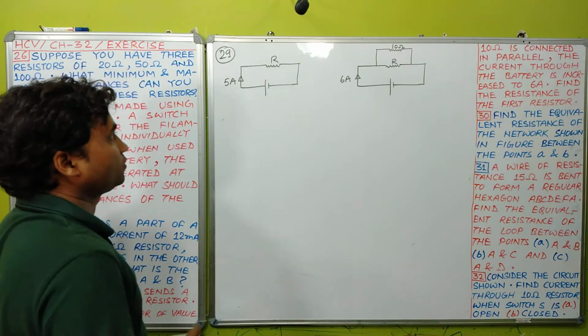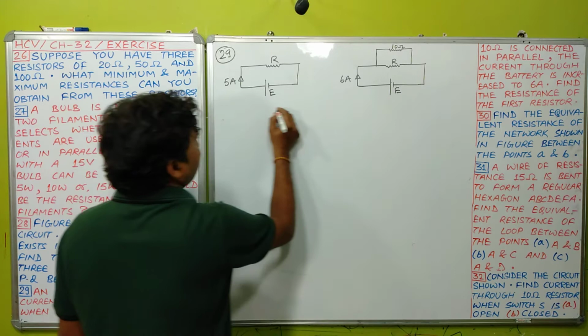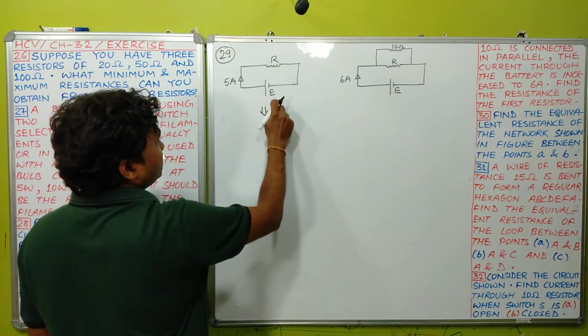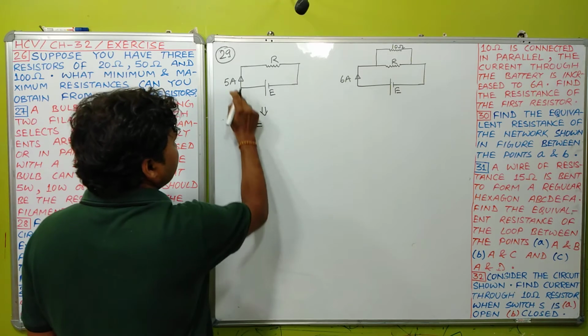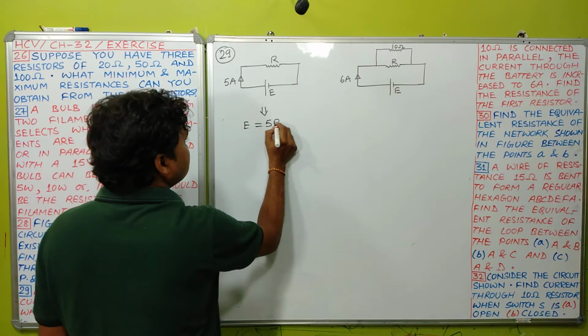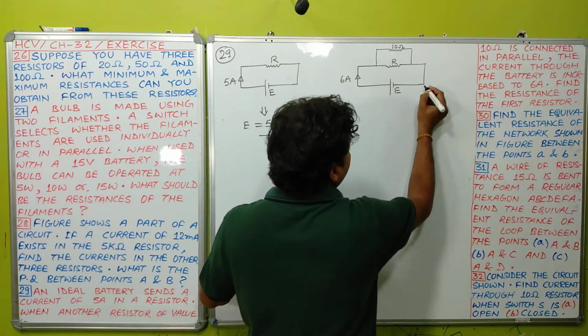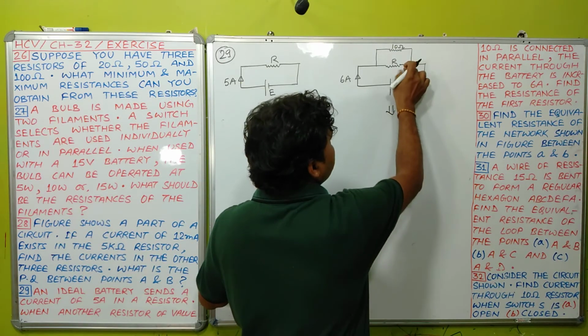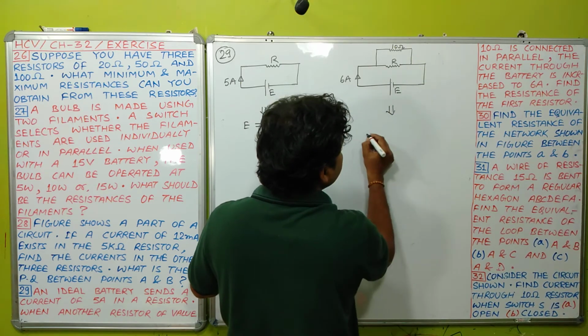Simple. Let the EMF of the battery be E. From the first condition, from Ohm's law V equals IR, E equals current flowing, 5, times resistance R. Let this be equation 1. And also student, you can simplify this circuit like this.